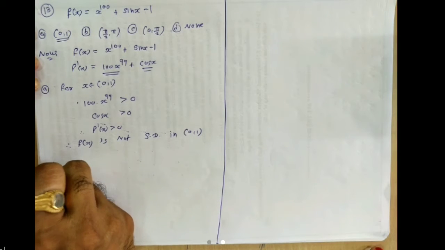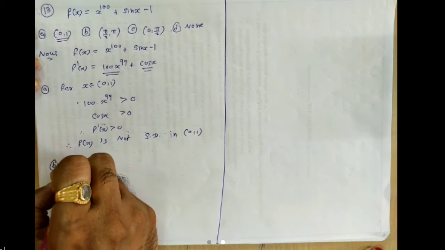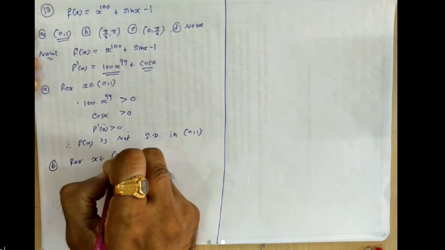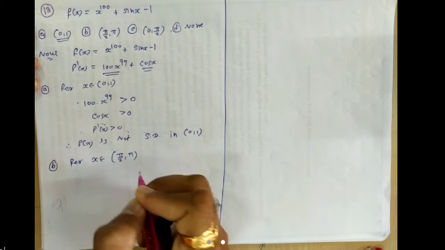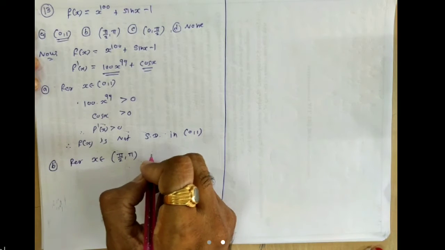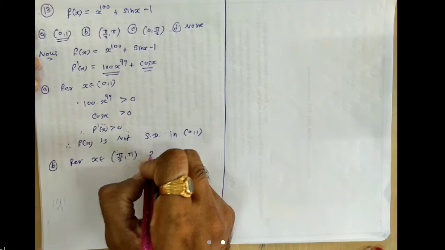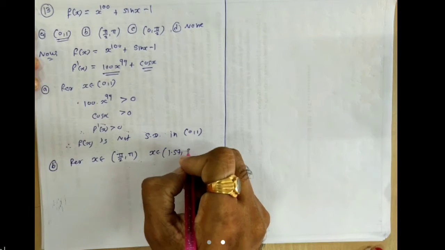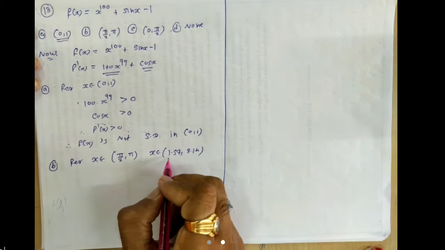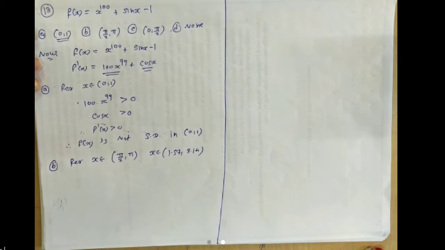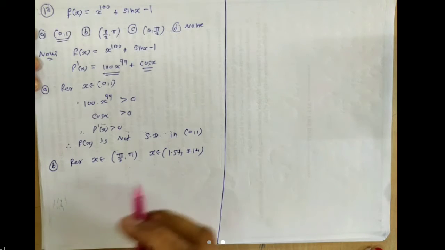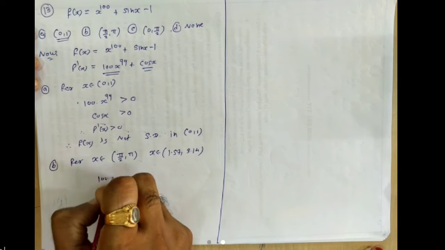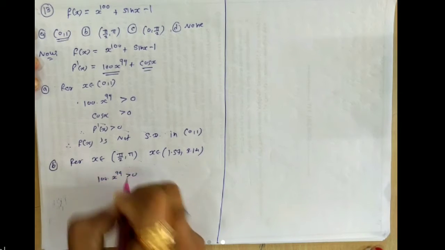Now let's check the second option, x belongs to pi by 2 to pi. Pi is 3.14, so the interval is approximately 1.57 to 3.14. Here x is greater than 0, so the first term, 100 into x raised to 99, is greater than 0.